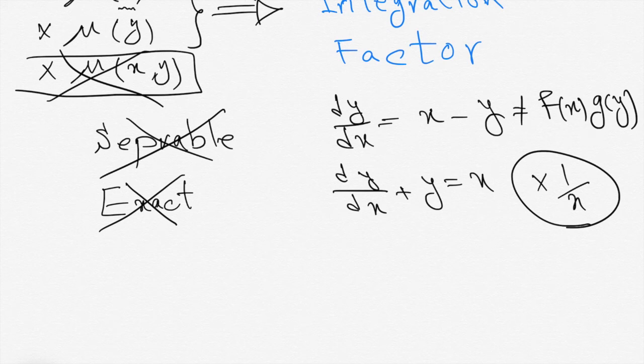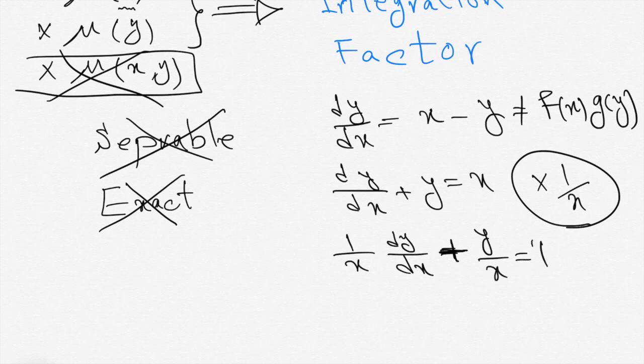And then I multiply both sides by 1 over x. Therefore, I will have 1 over x dy over dx plus y over x will be equal to 1, right?